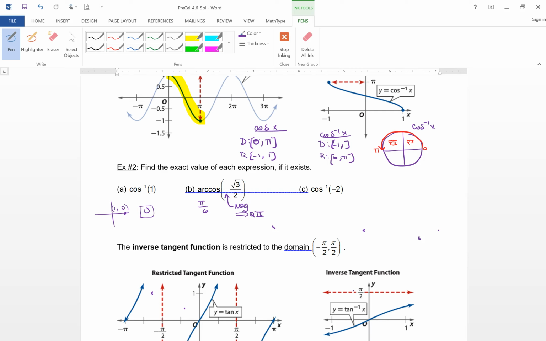So now, how do you get pi over 6 in that quadrant? Pi over 6 in that quadrant will look like this. You want that one, which is 5 pi over 6. Just short of a pi.